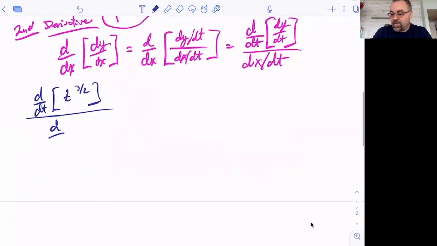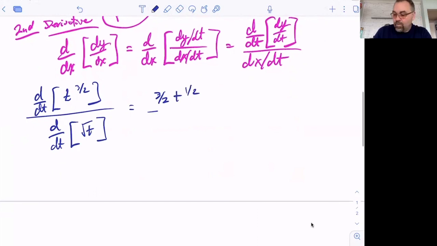Why am I squishing it in there? I'm going to scroll. There we go. And so this is, of course, 3/2 t to the 1/2 over 1/2 t to the negative 1/2, which gives us 3t.